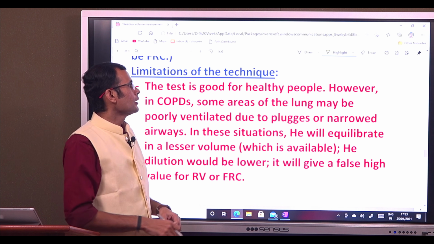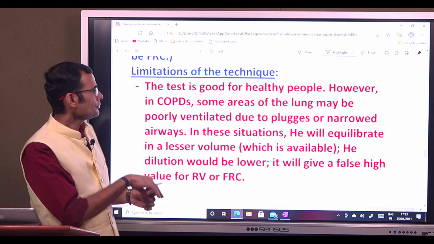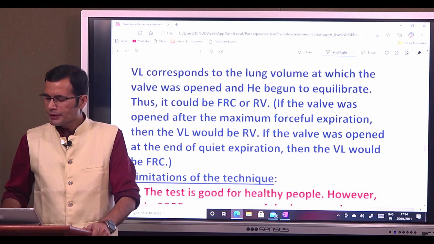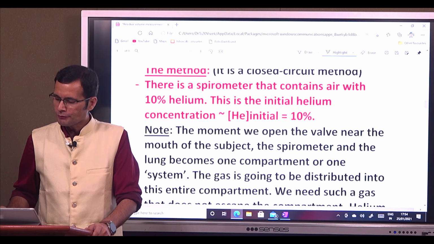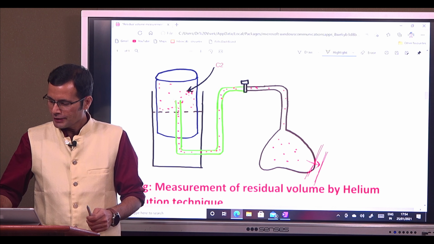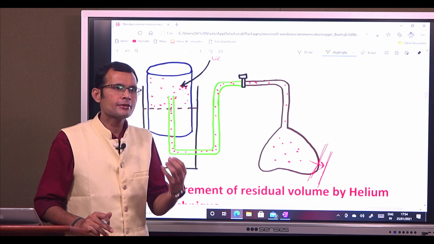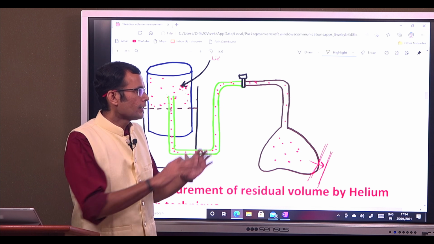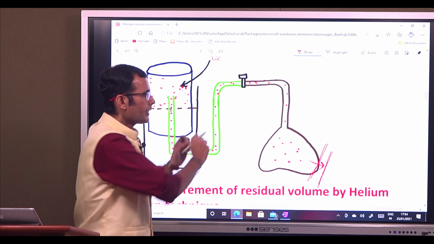Just one last point: what are the limitations of the technique? There are certain limitations. COPD, for example, can be one limitation to this particular method. Why is that? Look into the diagram again. If there is COPD and let's say some airways are plugged or blocked, that means some area of the lung will not be available for the helium distribution.